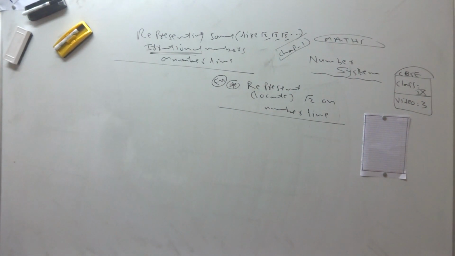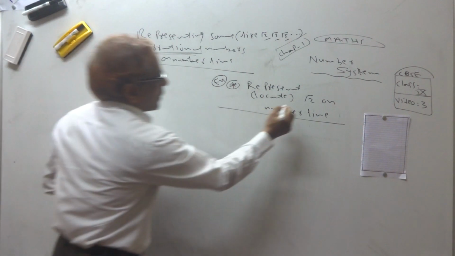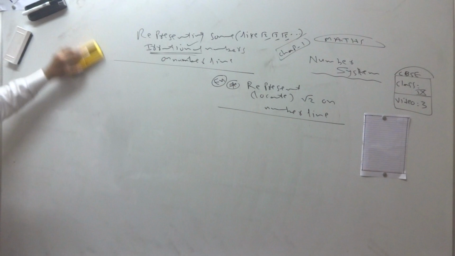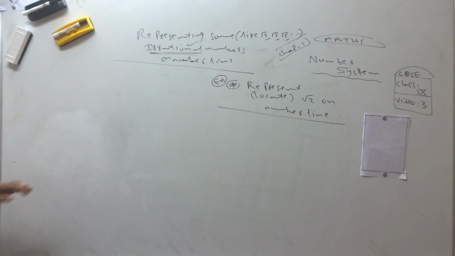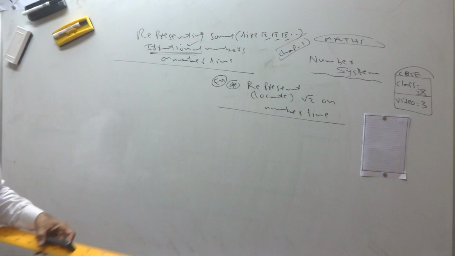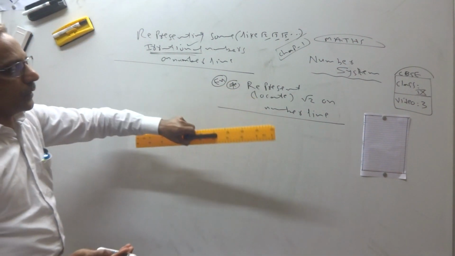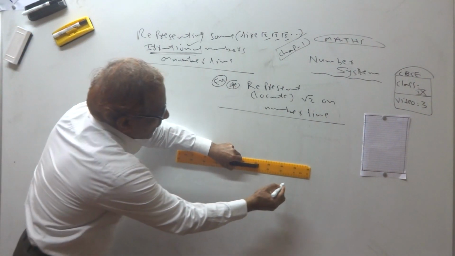Okay. So how to represent root 2 on a number line? Because root 2 is what? Irrational. Yes. So what is the method for that? You understand the method please. How we represent this. I will show you both the ways. First, for this question, we use a compass, ruler, and pencil.